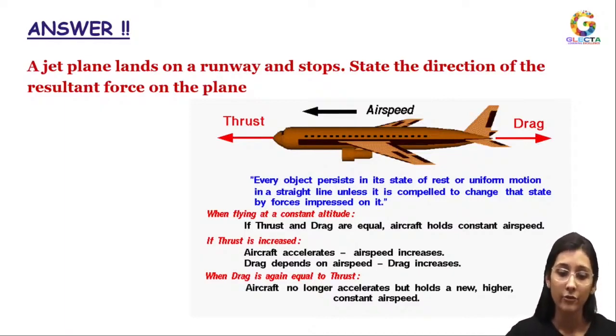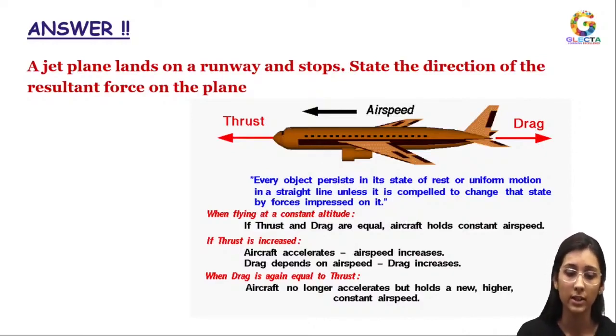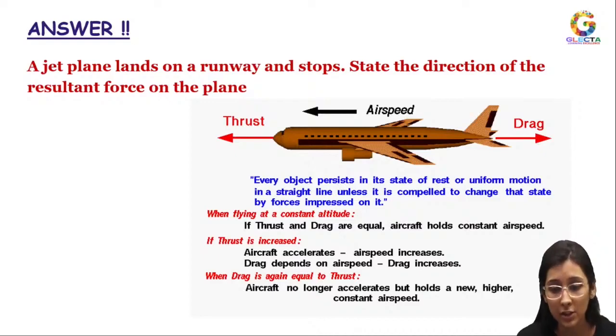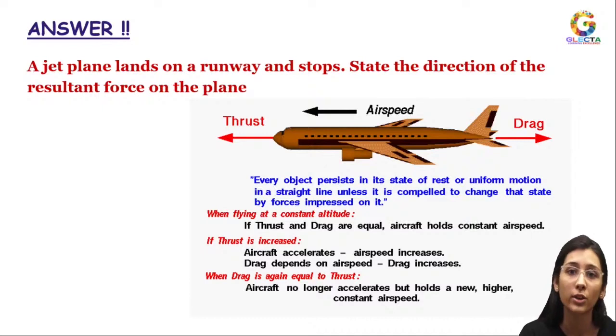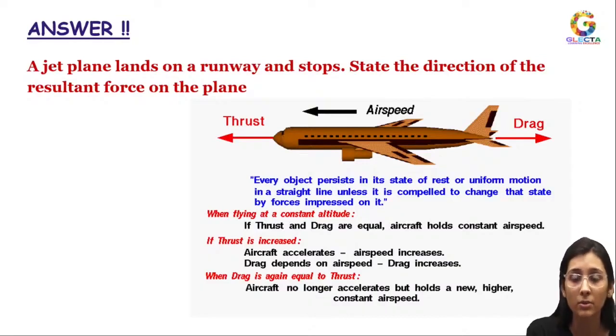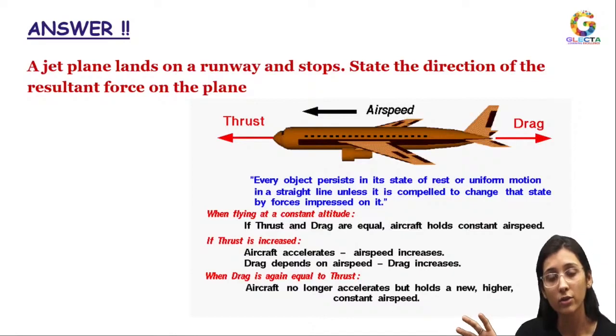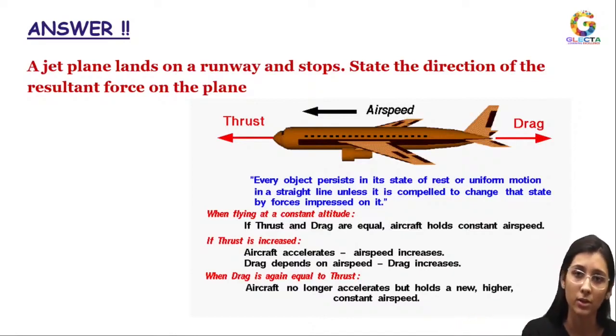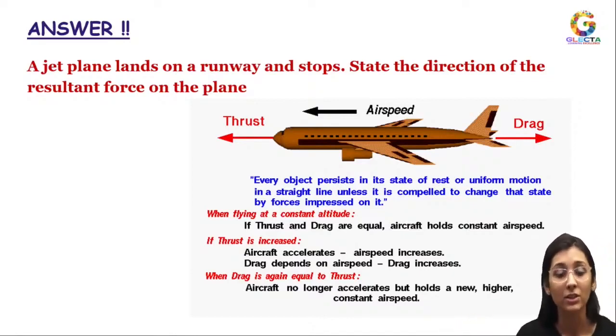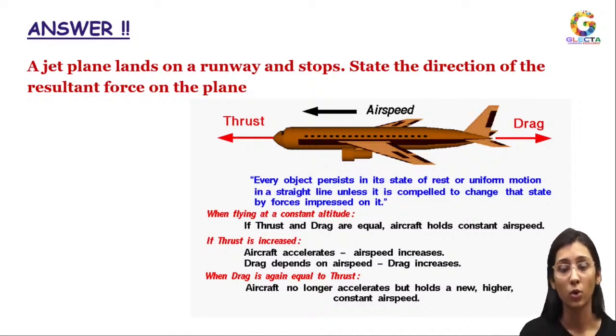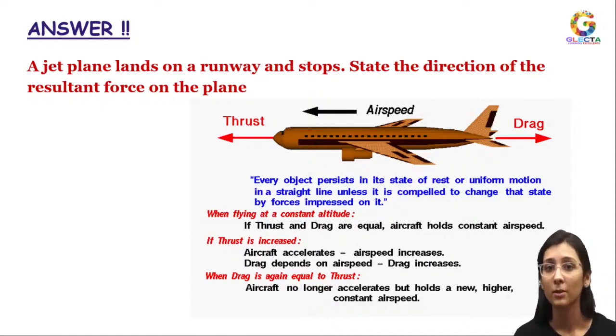Every object persists in its state of rest or uniform motion in a straight line unless it is compelled to change that state by forces impressed on it. This is what Newton's first law is. Since I asked what the resultant force is when the plane stops, the resultant force will be the drag force subtracted with the thrust force. That is why it stopped, because the thrust force will make it move forward, but we don't want it to move forward.